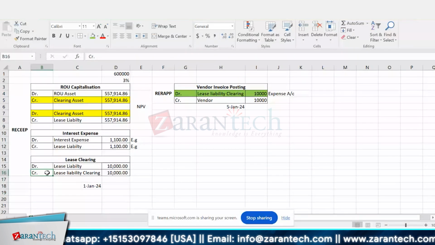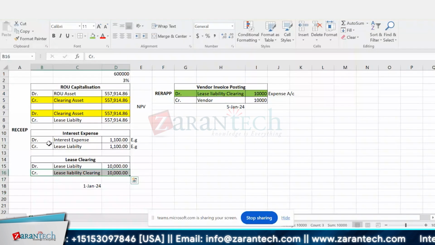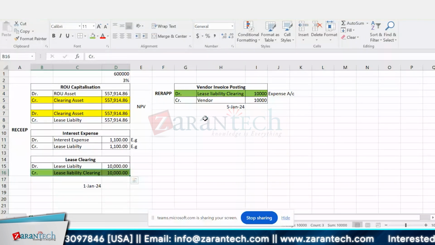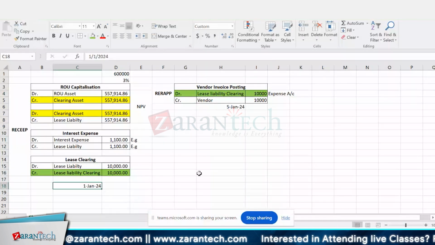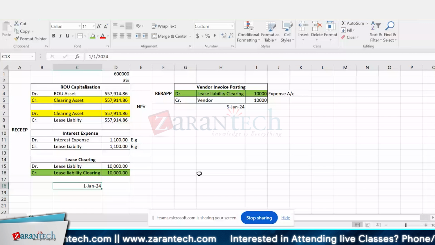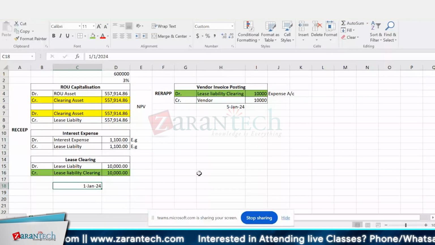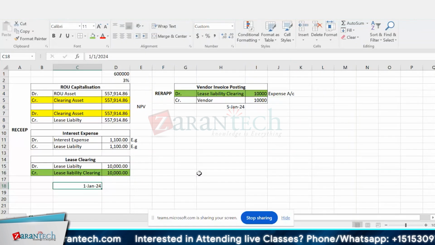One more reason why we are not posting: ideally, if I know I'm supposed to receive the invoice within this month, then why am I not posting it on 1st of Jan itself? Then it should be booked in provision. You cannot route it through this, and that's not the major purpose.